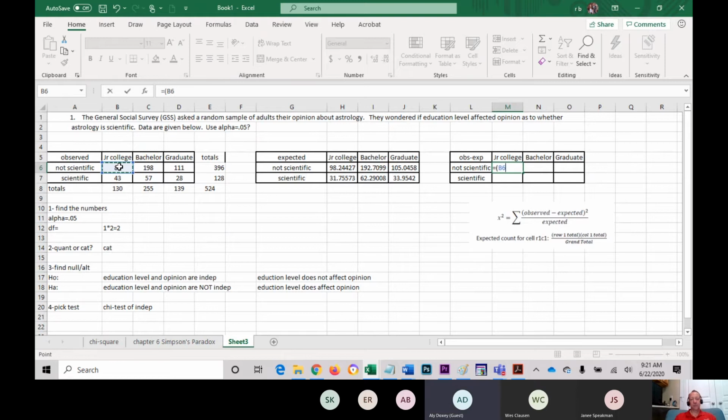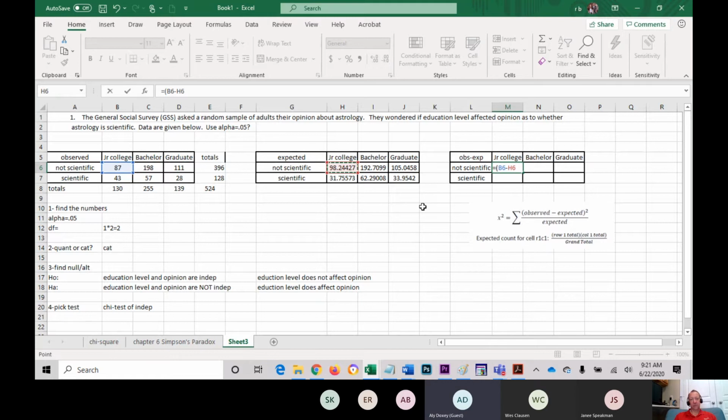And the expected, what do you find the expected? Is that based off the null hypothesis, or is that just a number I'm overlooking? This is your expected table here, this second table. Oh, okay. That second table does represent the null hypothesis. So you'd subtract the 98.24427.